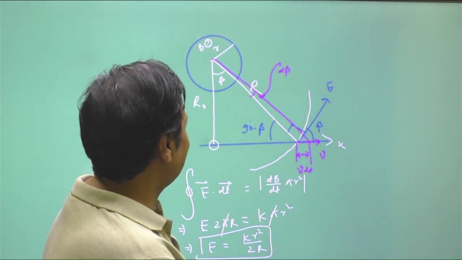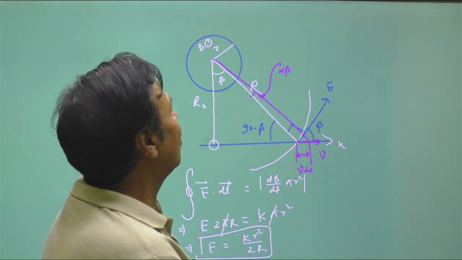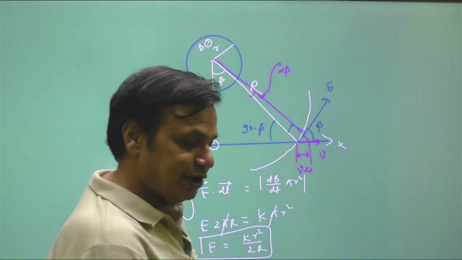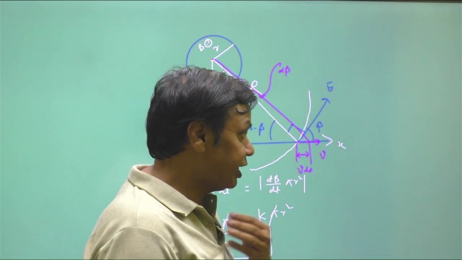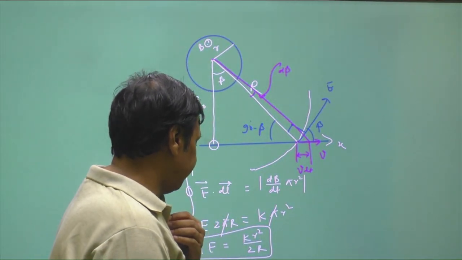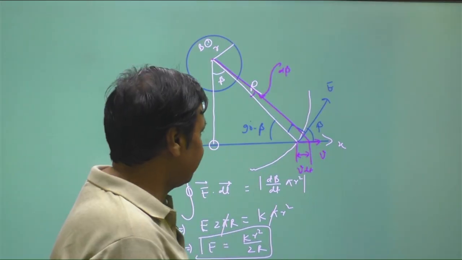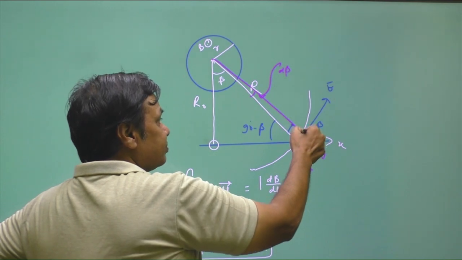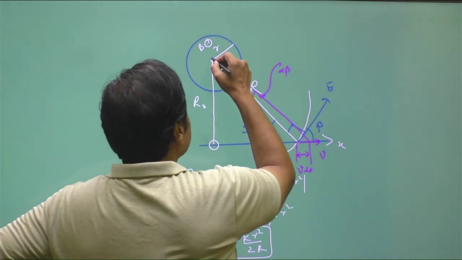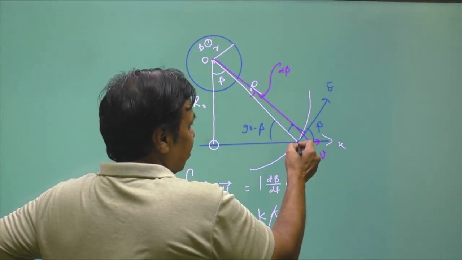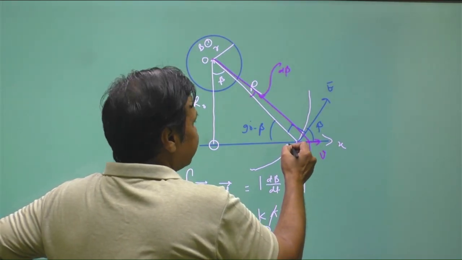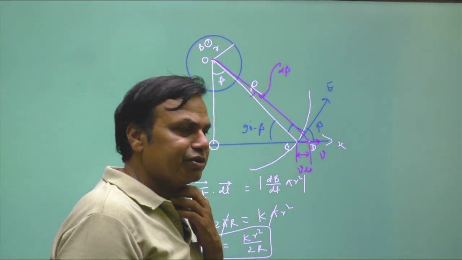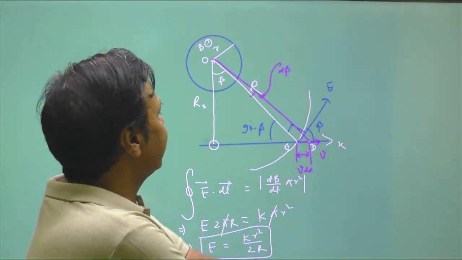So I need to make some adjustments. What should I do? I have dt and dv both. That's a problem. I wish to use this triangle. This triangle's name is O, and the name of this point is C, and the name of this point is D. I avoided B because B is magnetic field.